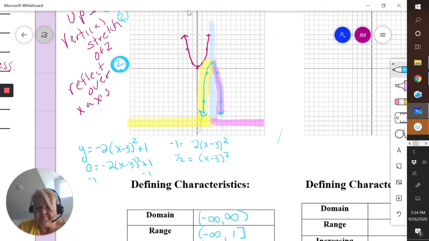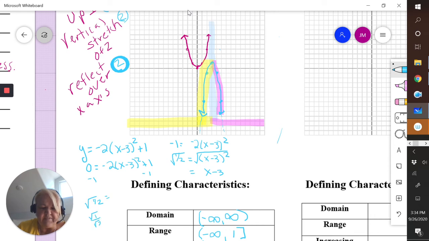Now I'm going to square root this side and square root this side. So this side becomes x minus 3. This becomes the square root of 1/2, which I have to rationalize. Square root of 1/2 is equal to the square root of 1 over the square root of 2.